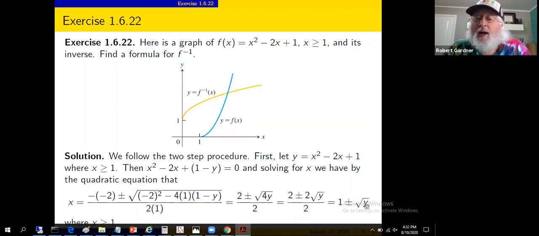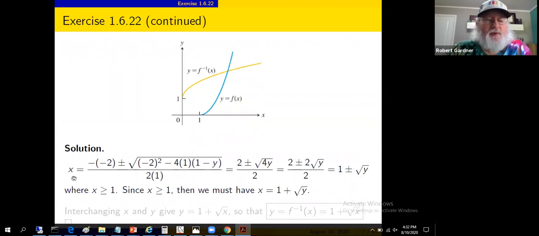The square root of y, all by itself, that's non-negative. So you're going to add something non-negative to 1 or subtract something non-negative from 1. Well, if x is greater than or equal to 1 and x equals 1 plus or minus some stuff, you better be adding some non-negative stuff. So that's how we'll get rid of the plus or minus on the next page.